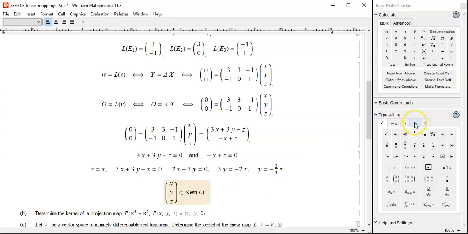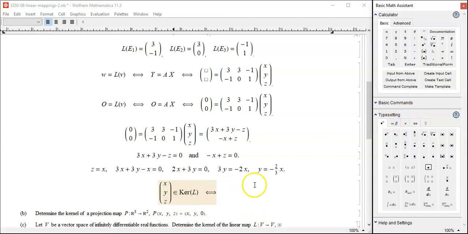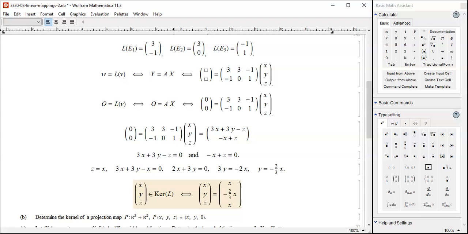What do we mean by the vector x, y, z belonging to the kernel? That means x, y, z is equal to, x can be arbitrary, z is equal to x, and y is equal to negative 2/3 of x.